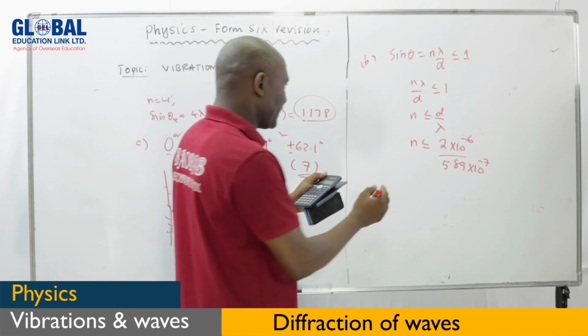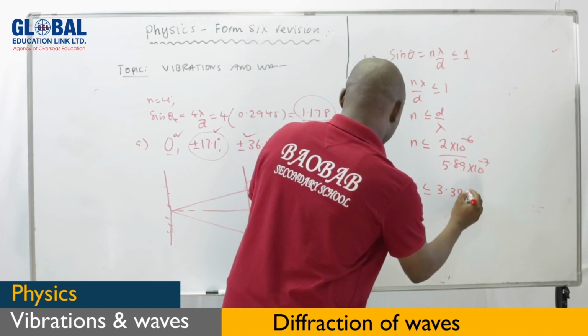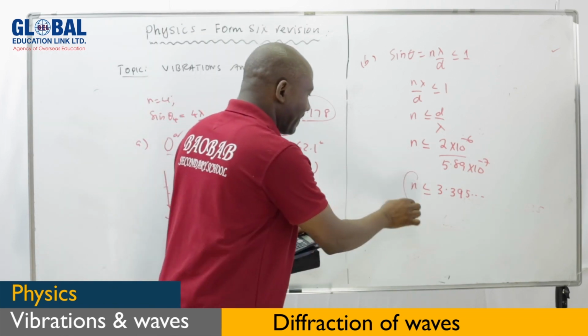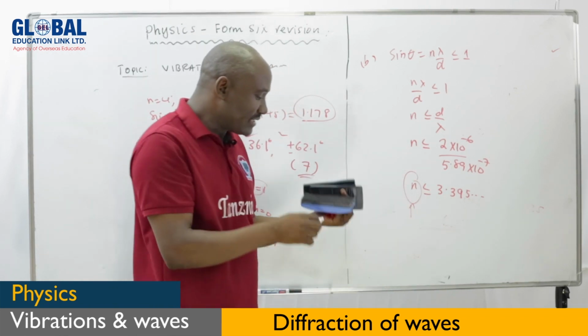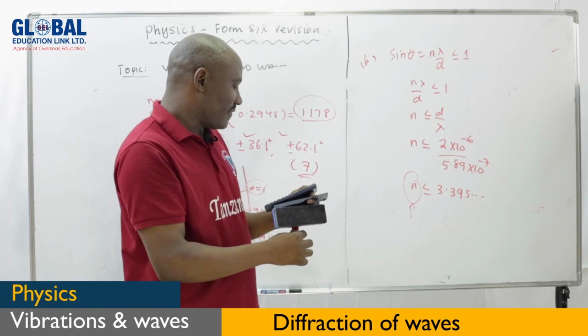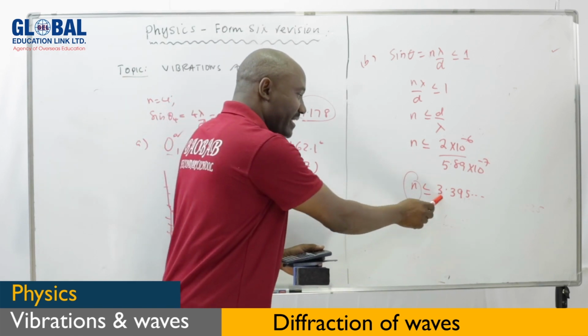We're getting 3.395 and so on. So you're looking for this n, the order. This is the order. You cannot approximate that. We have about 3.4.